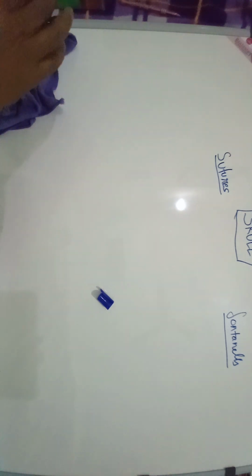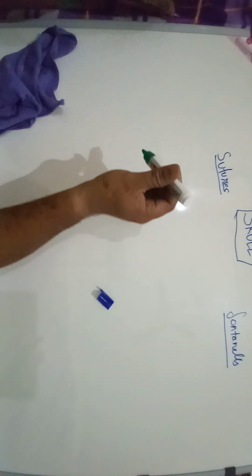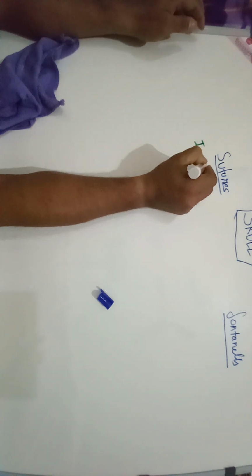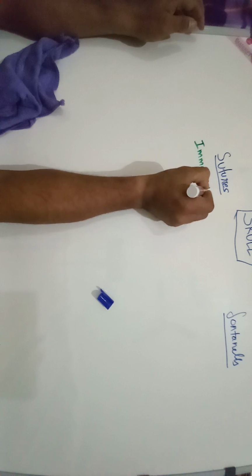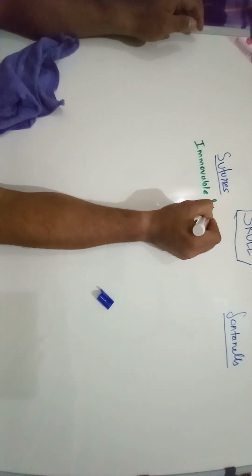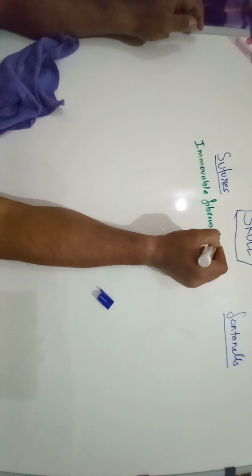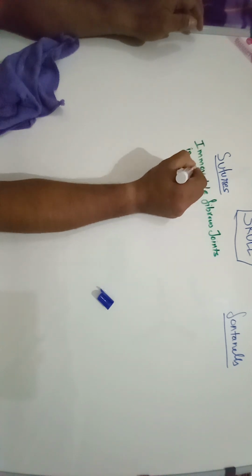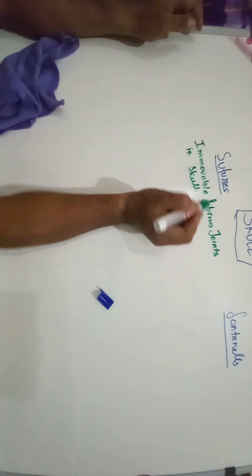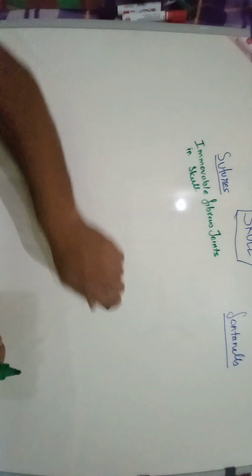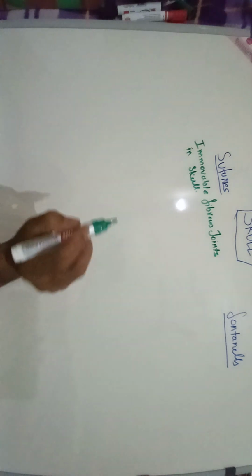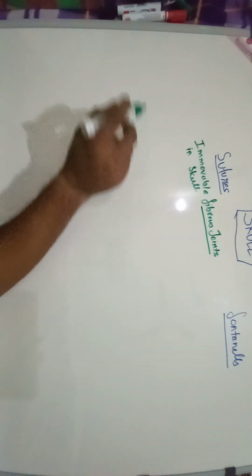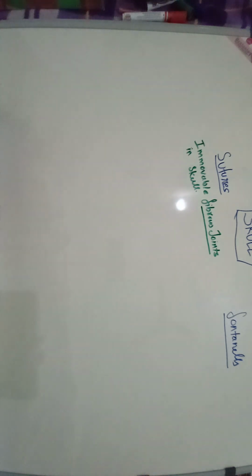They are immovable fibrous joints in the skull. It means there is a joint, but it is a fibrous joint.